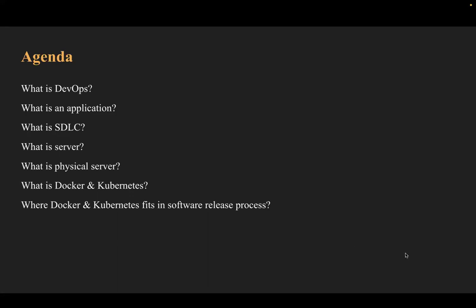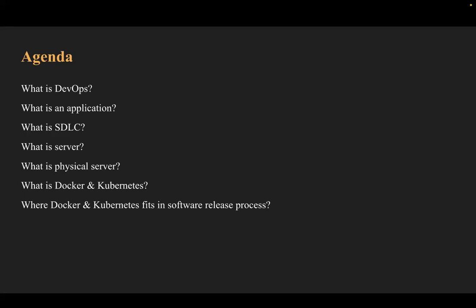And operations, what is operations? We deployed an infrastructure, that means servers. We have created servers in the cloud or wherever it is. Maintaining that server, providing security updates regularly, and deploying different versions of the applications at regular intervals of time.